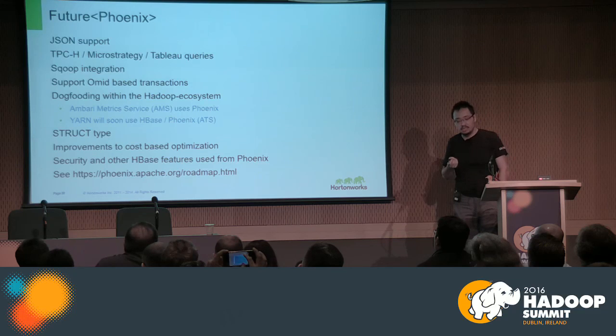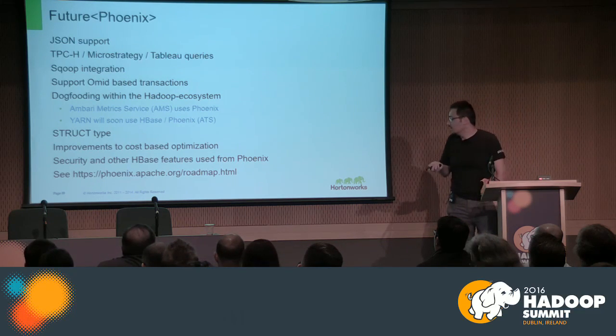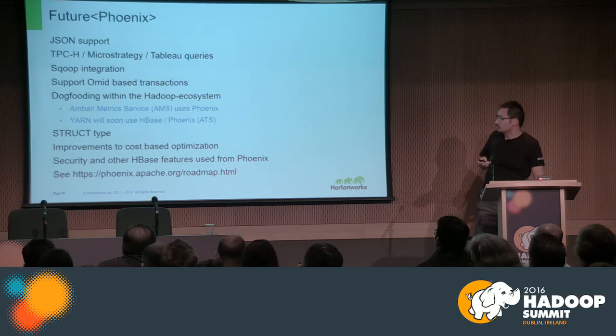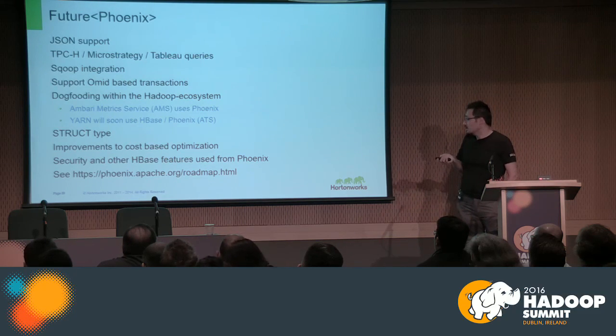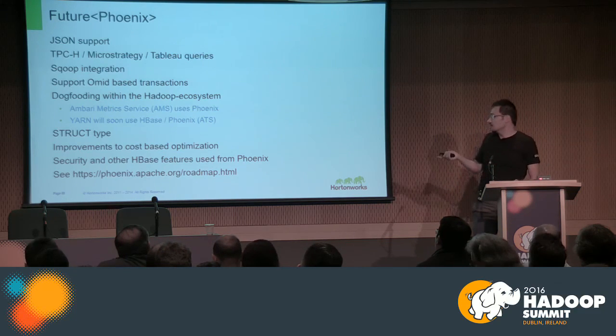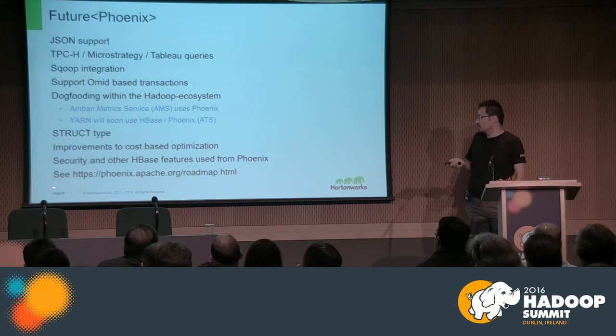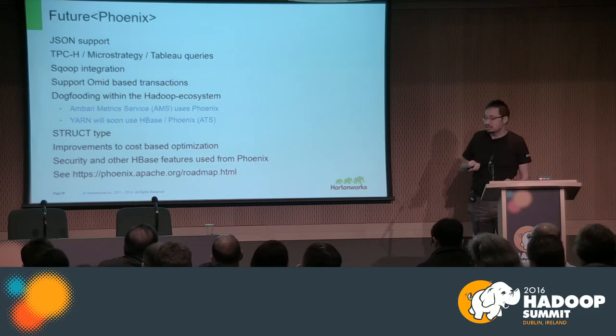Sqoop integration, Omid-based transactions are coming. Struct types, and improvements to cost-based optimization are also coming. Security and other HBase features being surfaced from Phoenix is also very important. There's an official roadmap here. You can go check it out.